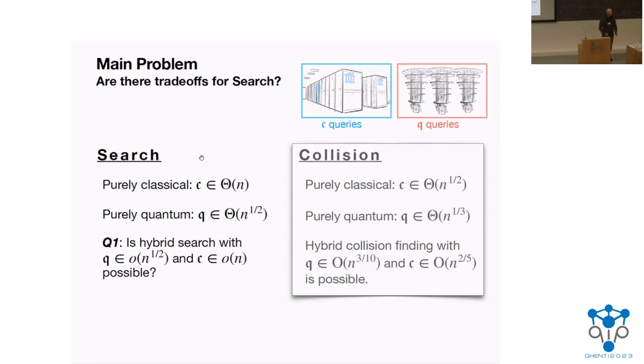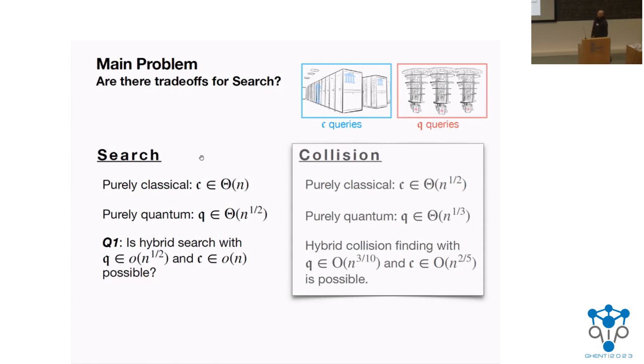However, there are also hybrid algorithms for which the number of quantum queries is strictly less than cube root of n and the number of classical queries is strictly less than square root of n, yet the algorithm can still solve collision with close to constant probability.